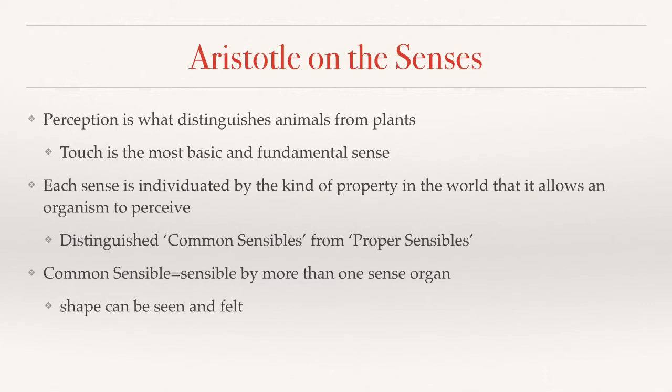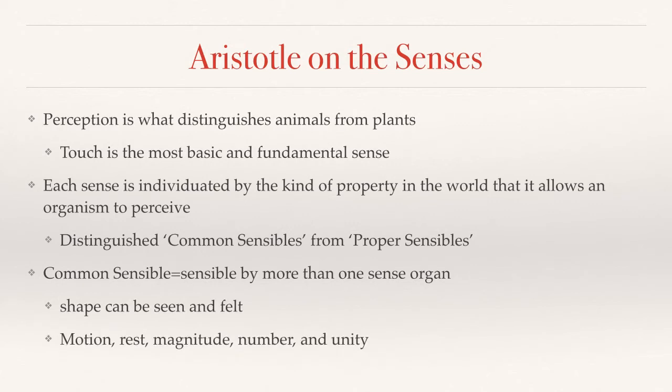You can see the shape that an object has, and you can also go and touch it, and you can therefore feel what the shape of an object is. There's an interesting question about the relationship between the two of them that we'll come back to. But for now, we can just point out that this property, the property of shape, seems like it's sensible in more than one way. It's not accessible in only one particular manner.